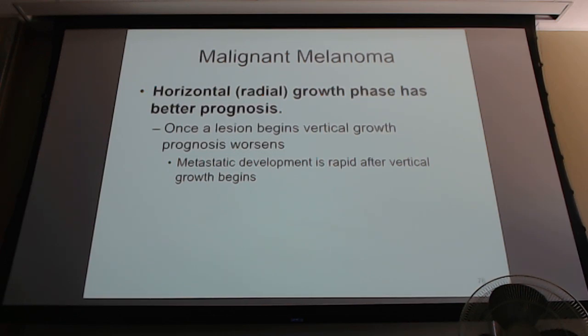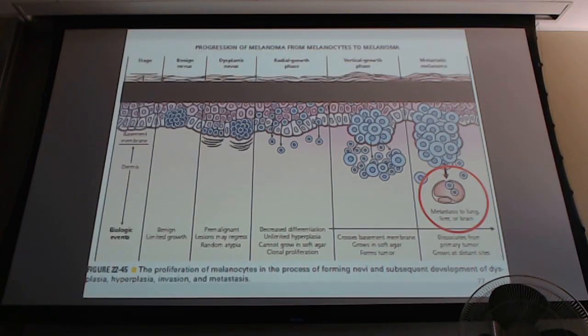So that superficial melanoma, the very first one that we talked about, that starts radial, okay? So if they've got that radial growth, they have a better prognosis. But if it's getting into those ones that are having more of the vertical involvement, then no bueno. Metastatic development is rapid after vertical growth begins. So it'll spread out to the lungs, to the liver, to the brain, and so on.